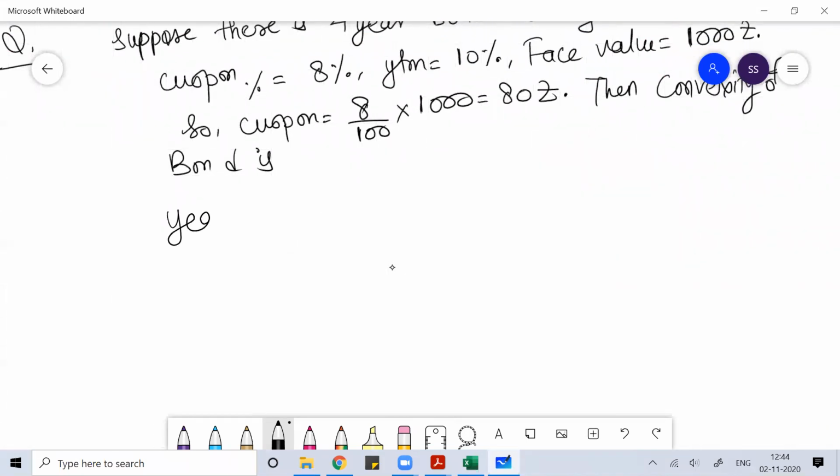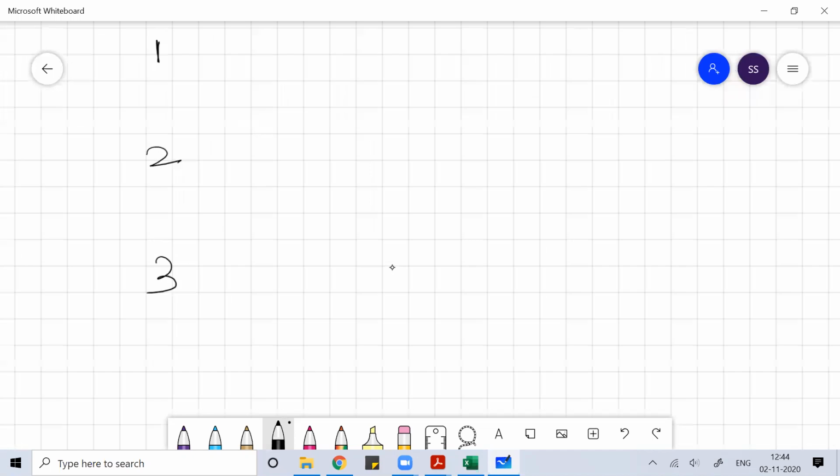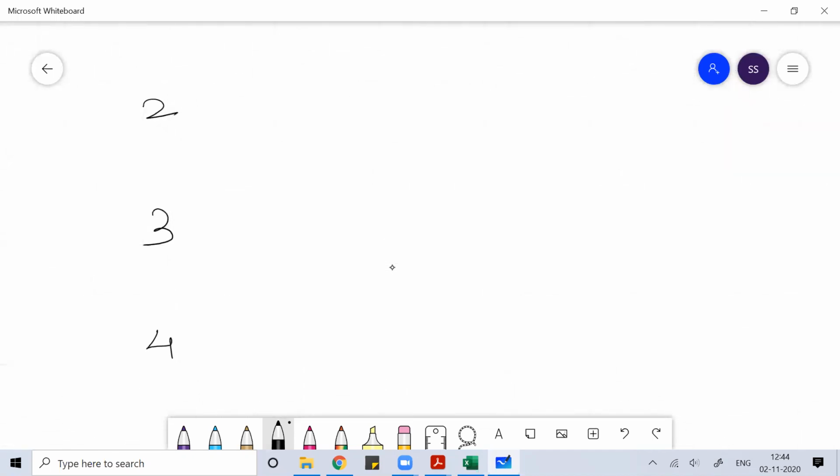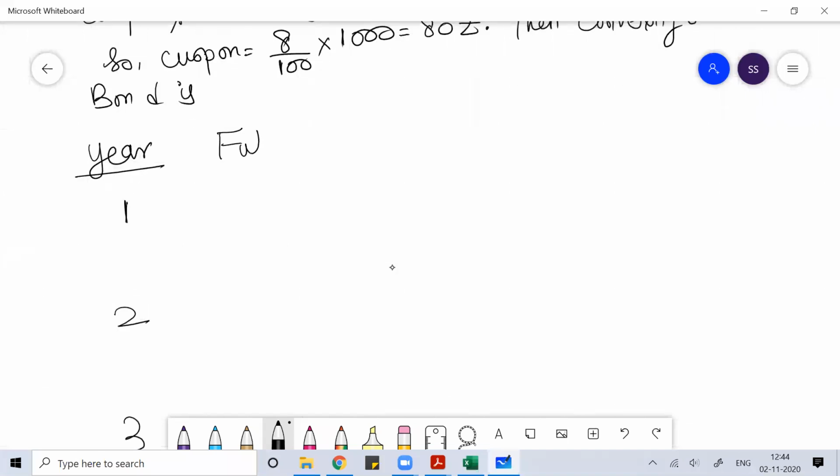you write down the years 1, 2, 3, and 4. So you have 4 years. What are your future cash flows?